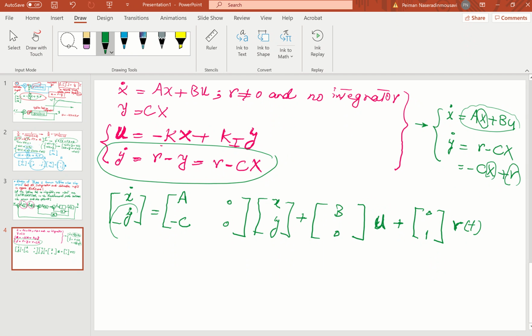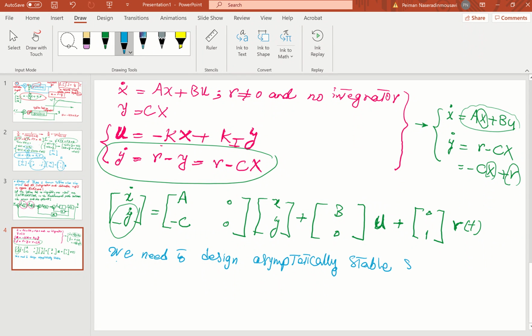That's right. So we are now changing the system by adding an integrator so that it can follow a non-zero reference input. We are adding another virtual state variable. What we need to do is design an asymptotically stable system.